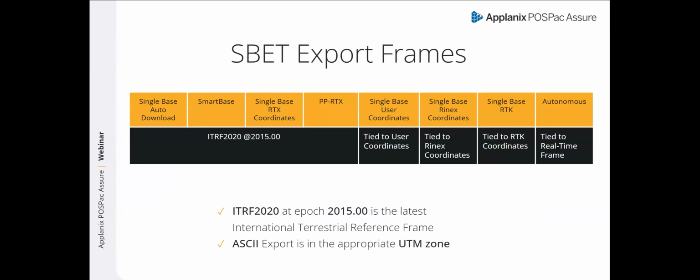So for instance, if you process in PPRTX mode, or if you process in smart base mode, or if you process in single base mode, but you leverage the RTX functionality to survey in the coordinates, the reference frame of the trajectory result will be in the latest international terrestrial reference frame, which is the ITRF 2020, at the original epoch of realization, which is 2015, so January 1st, 2015.